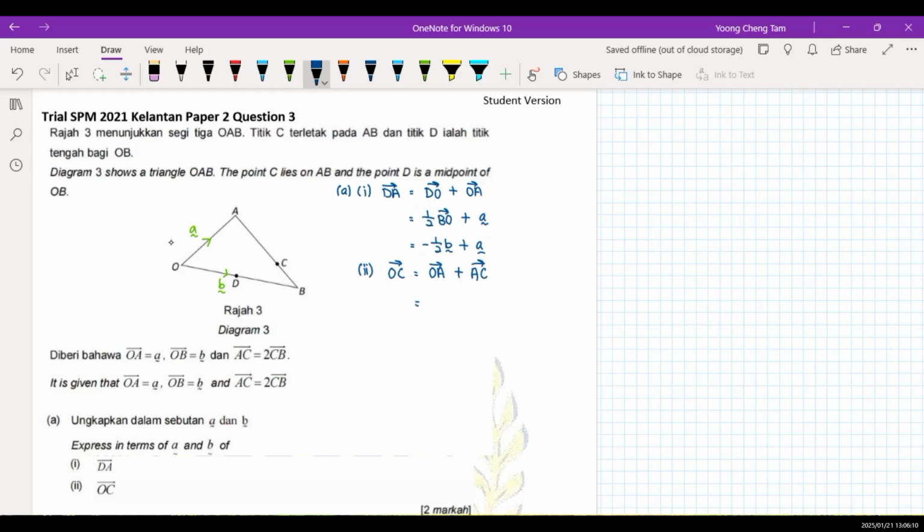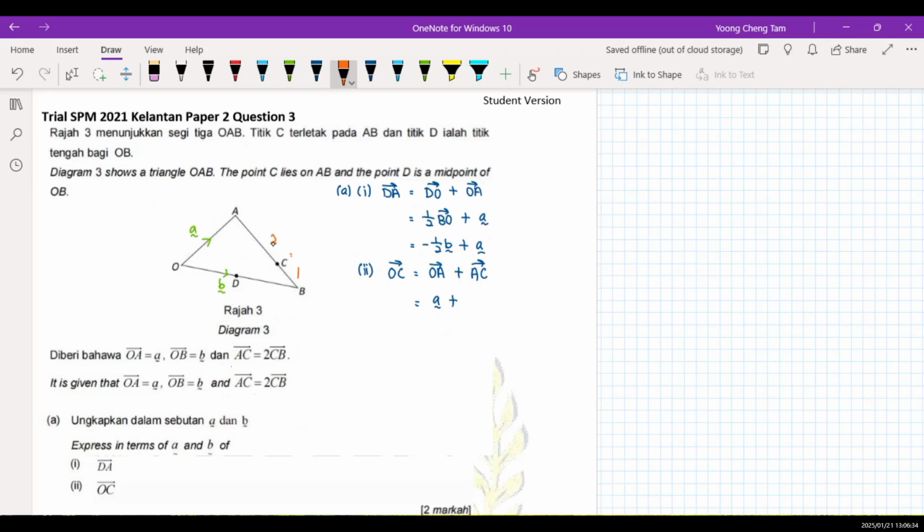Now OA, we have the vector A. And then if you look at the equation, AC is equal to 2CB. So 1 AC is equal to 2 CB. According to the ratio, AC to CB will be 2 to 1.